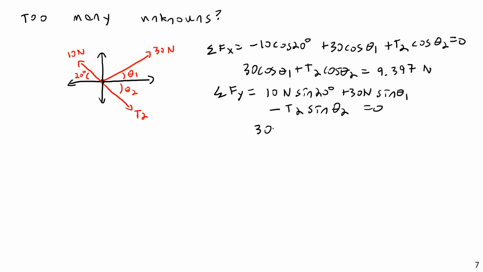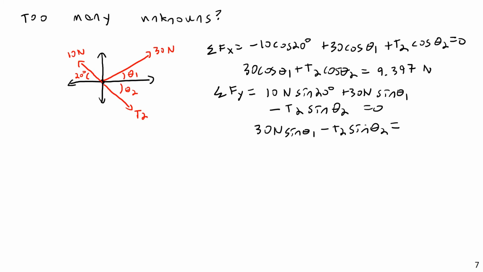So I then have 30 newtons times sine theta 1 minus T2 sine theta 2. And I can go ahead and put that 10 sine of 20 on the other side. And that will come to 3.420 newtons.